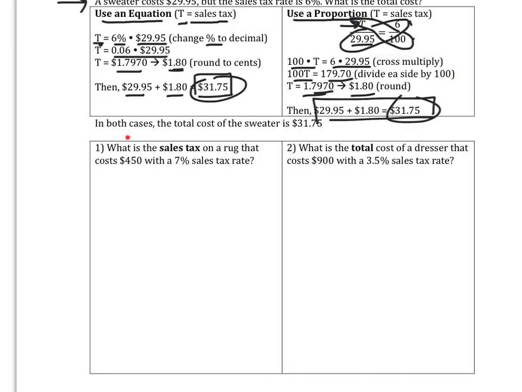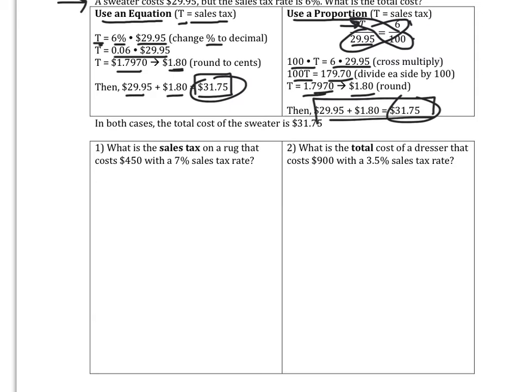Let's take a look at number 1 right here. What is the sales tax on a rug that costs $450 with a 7% sales tax rate? So we're going to set this up into an equation.